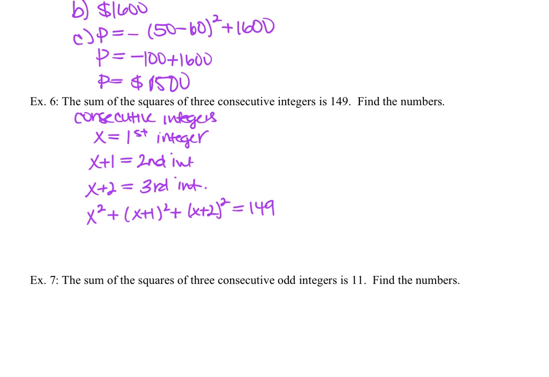So now I need to FOIL a little bit. So that's x squared plus 2x plus 1. And this one's x squared plus 4x plus 4. I'm going to combine all my like terms. And I'll have to subtract 149 to the other side.